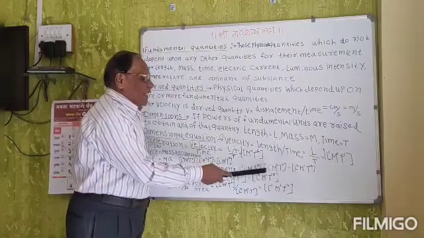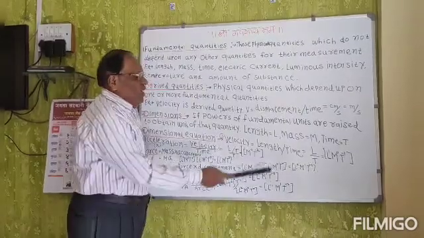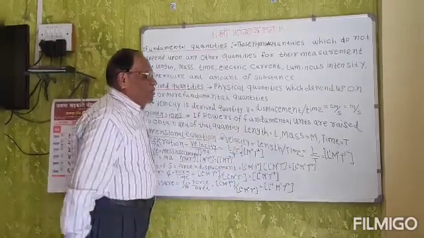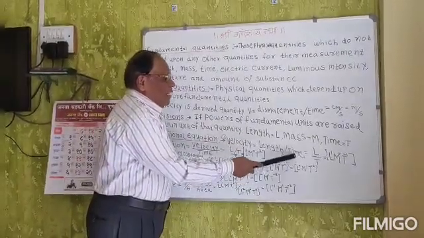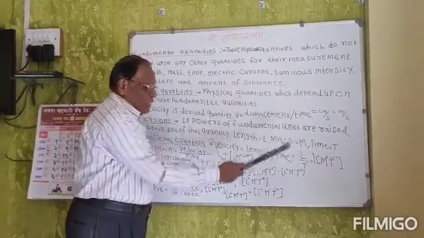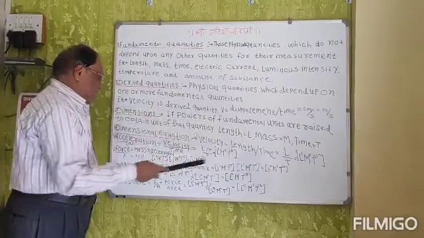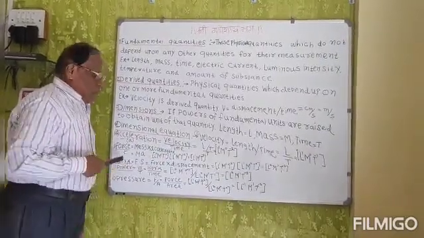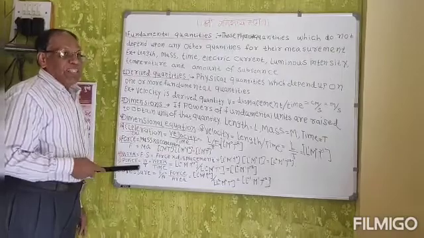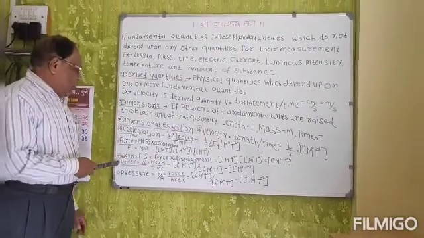In another square bracket, we write length to the power 1, mass to the power 0, and time to the power 0. Therefore the equation becomes, in square bracket, length to the power 2, mass to the power 1, and time to the power minus 2. This represents the dimensional equation of work.